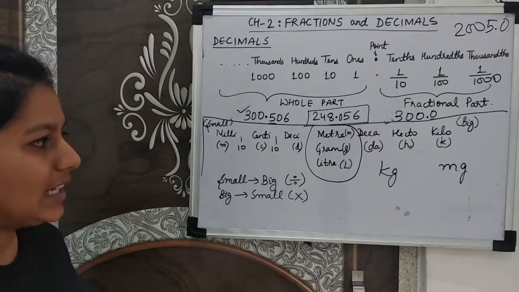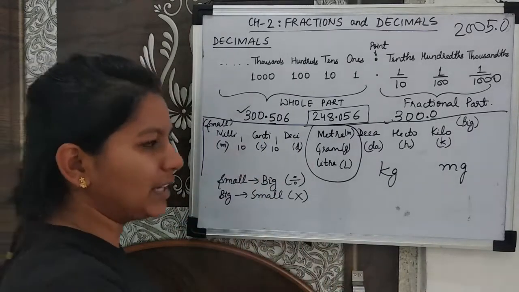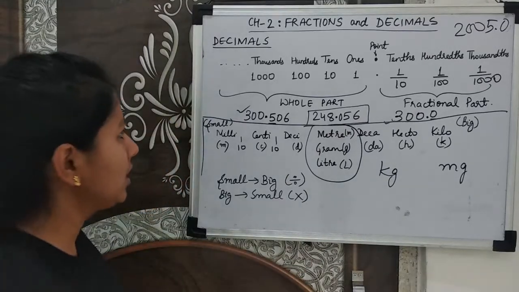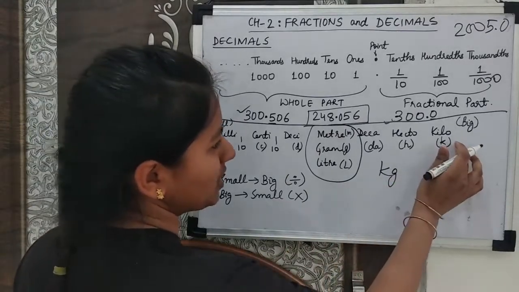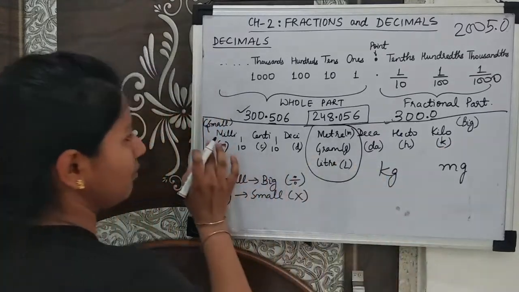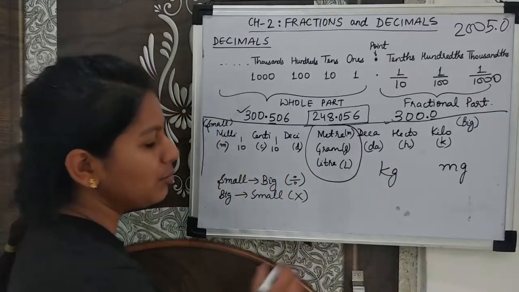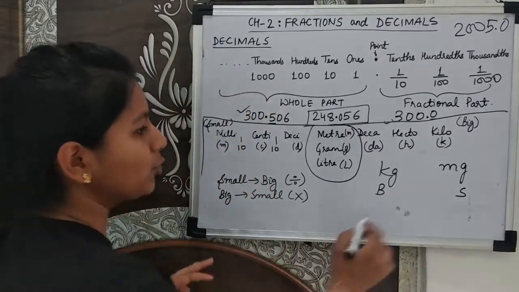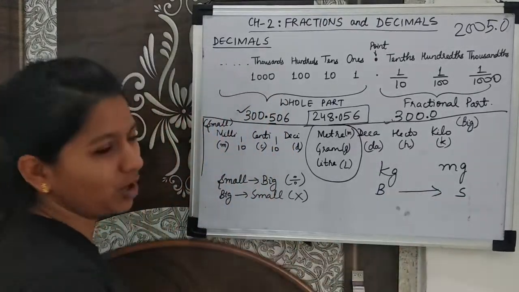Now supposedly I have to convert kilogram into milligram. Just check whether you have to convert a bigger unit into a smaller unit or a smaller unit into a bigger unit. Supposedly kilogram is coming on this side, milligram is coming on this side. Means this is the big unit and this is the smallest. I have to convert big to small.